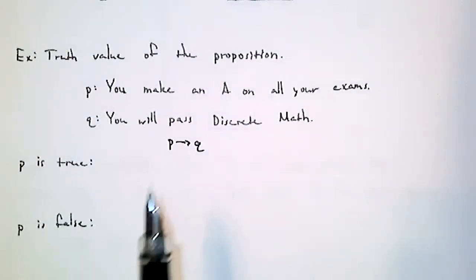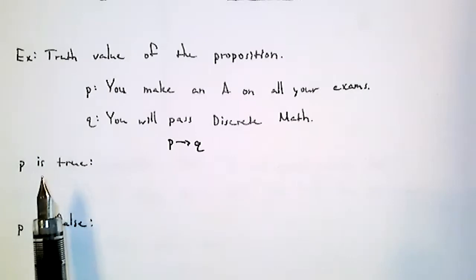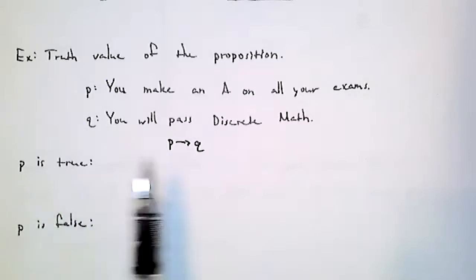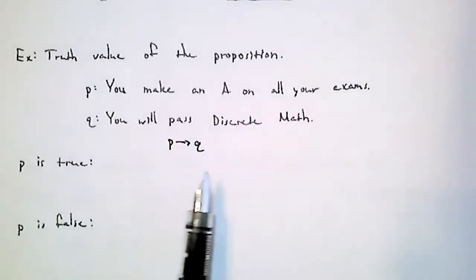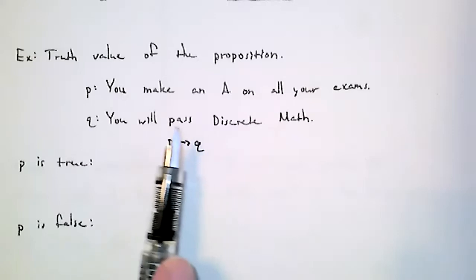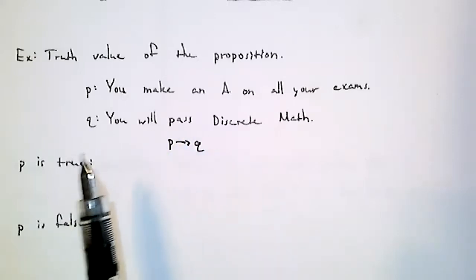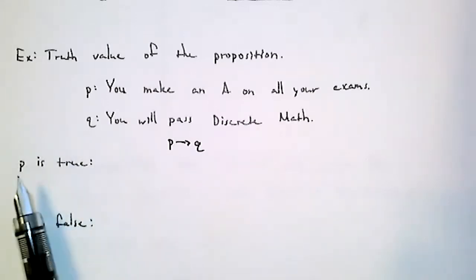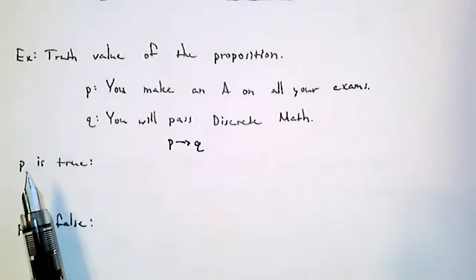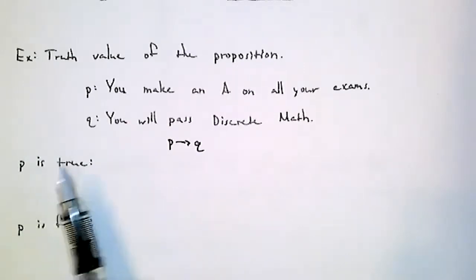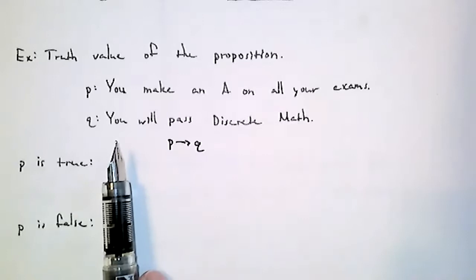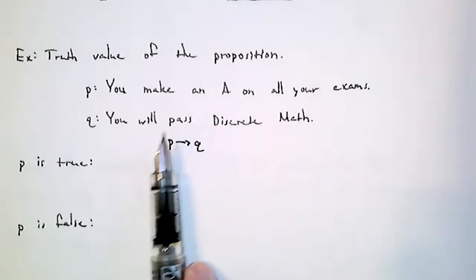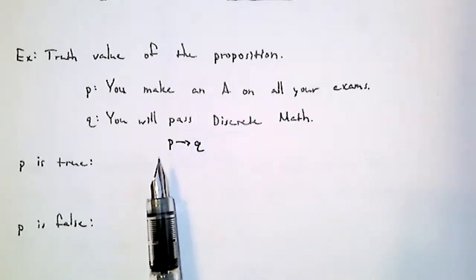So let's think about what happens if P is true. So if you make an A on all of your exams, when is the conditional statement true? So what I mean is, what has to happen with Q if P is true? You make an A on all of your exams and you pass discrete math. Is my conditional statement true? Yes. Good.